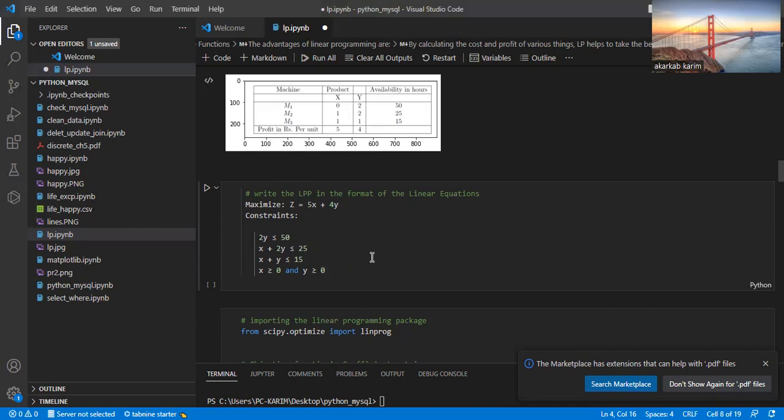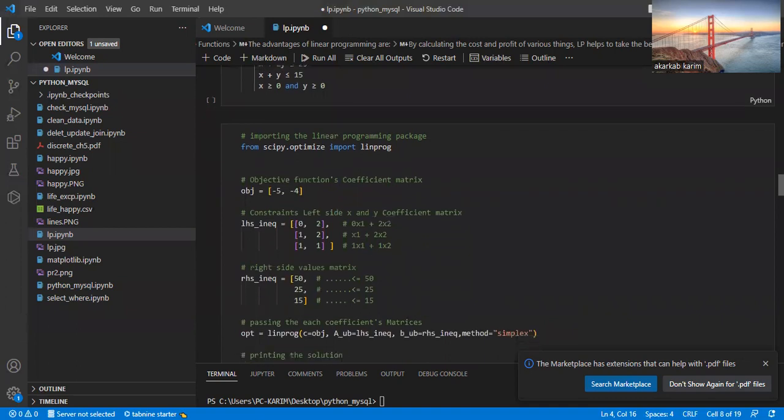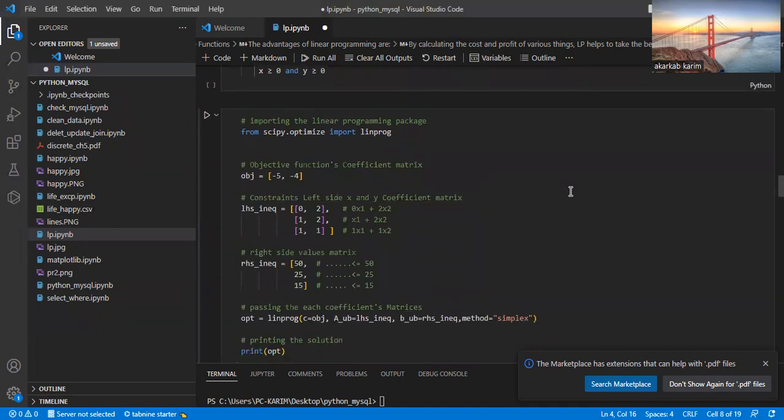I hope that's clear for you. Well, this is a simple model. Here I use the scientific package in Python to solve this problem. It's a famous one. We have a lot of other solvers, but I chose scientific Python. So this is the syntax. I import optimize from scientific Python. I import the linear programming function.